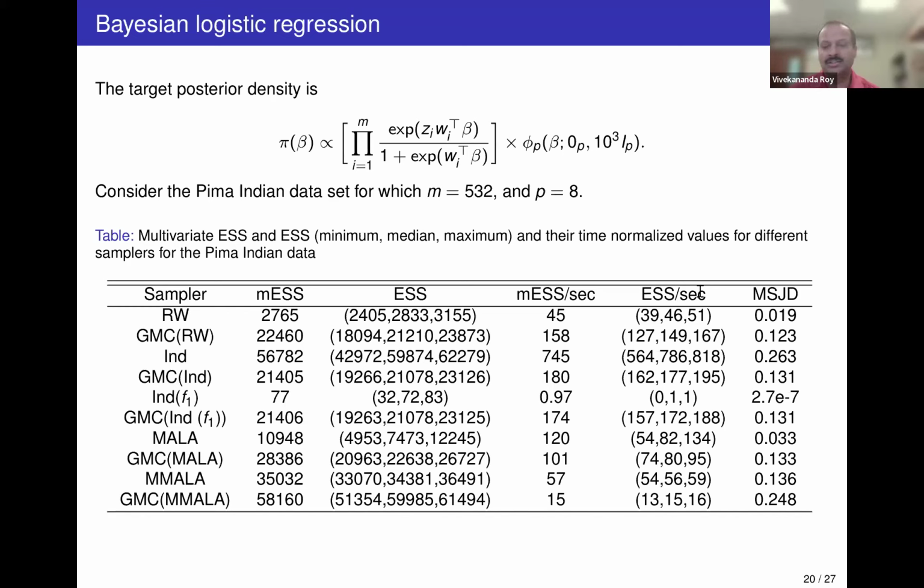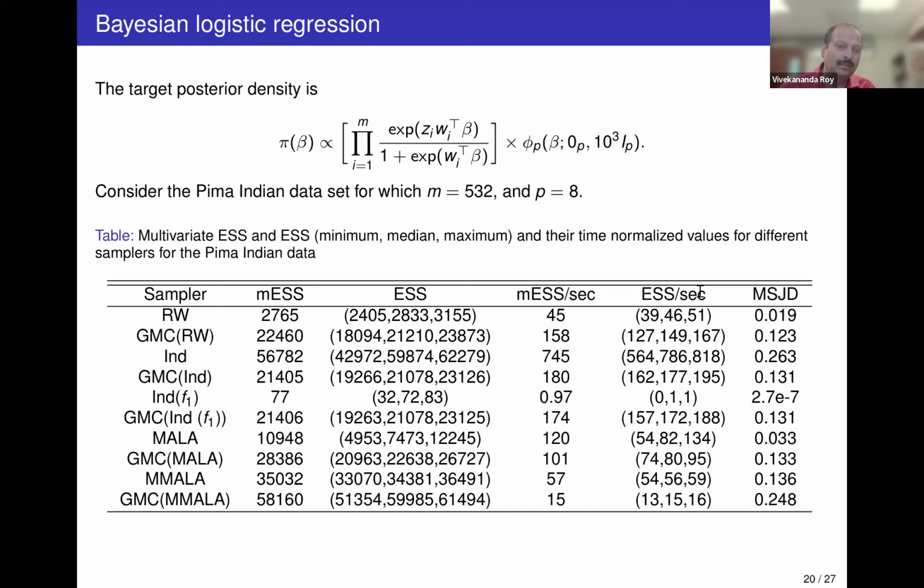And we know that the manifold MALA is computationally expensive. That's why you can see the time normalized effective sample size for GMC RW is almost 3 times higher than that of manifold MALA. And the independent Metropolis with the Bernstein-von Mises approximation performs well.